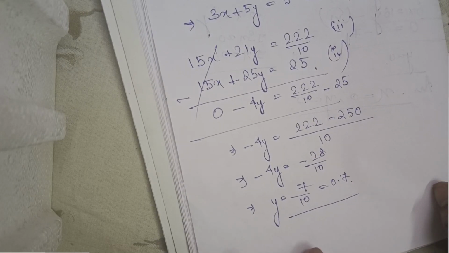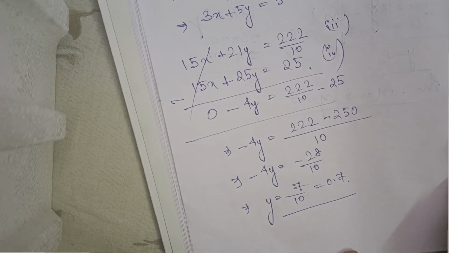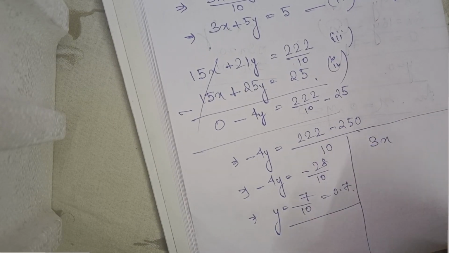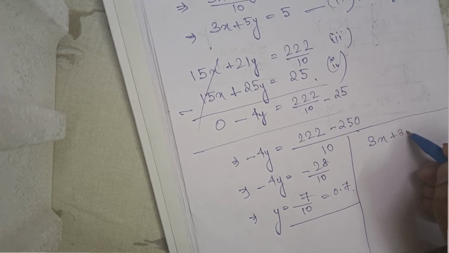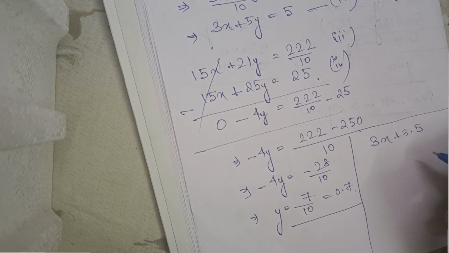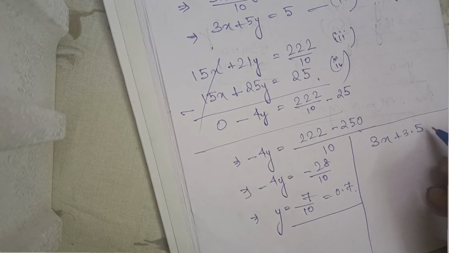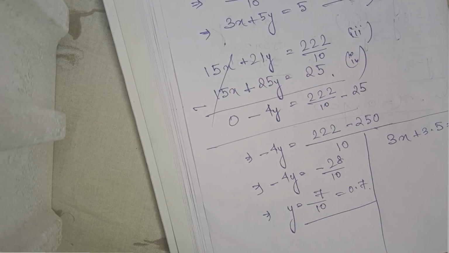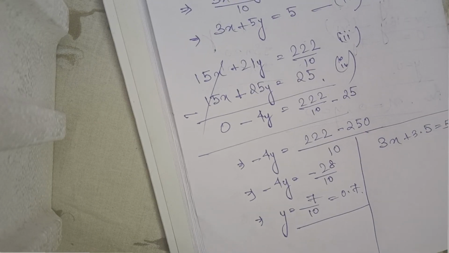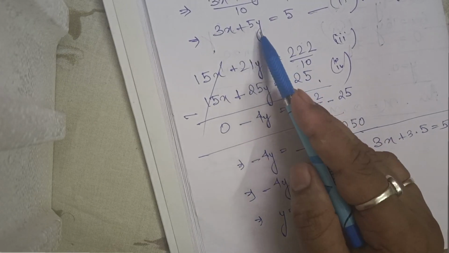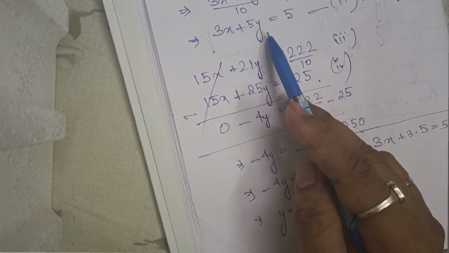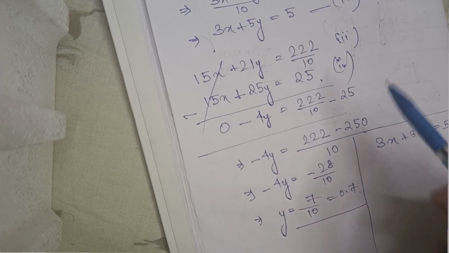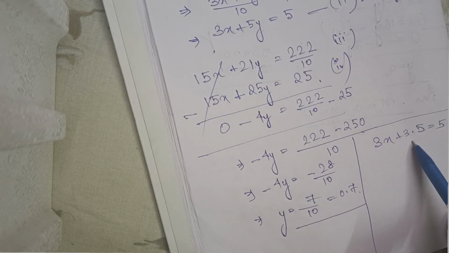Now it's turn for the x. 3x plus 3.5 equals 5. Actually we get it from this equation, that is from 2. We're putting the value of y, that is 0.7, so it becomes 3.5 over there.